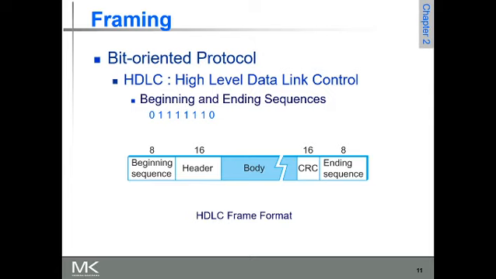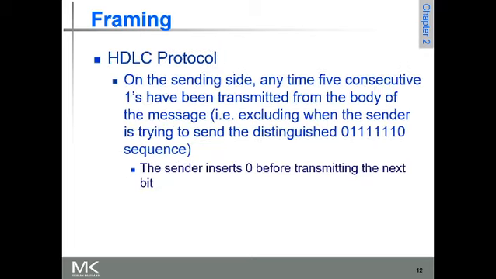It should consider that as data only. We can see how the HDLC format is going to handle that data. It will be using bit stuffing for identifying that it is data. You can see what bit stuffing is.